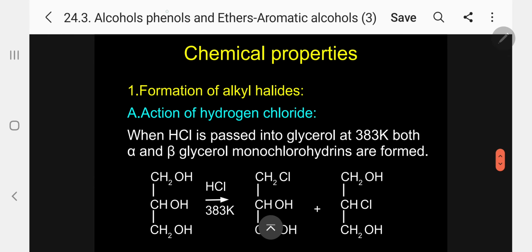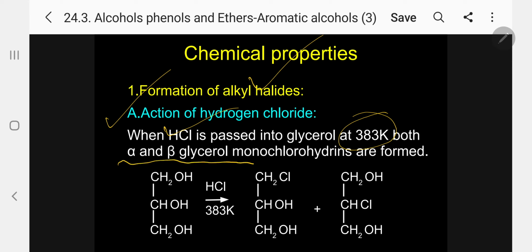Next, coming to chemical properties. First one, formation of alkyl halides. So, action of hydrogen chloride. When HCl is passed into glycerol at 383 Kelvin, both alpha and beta glycerol monochlorohydrin are formed.